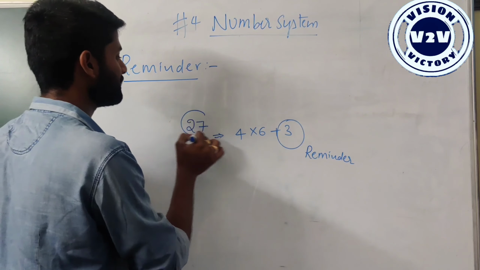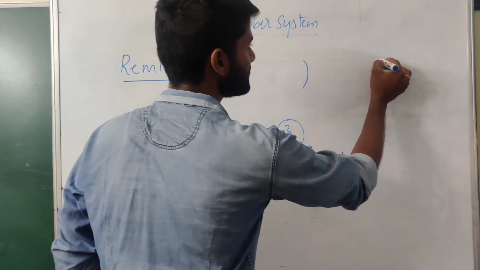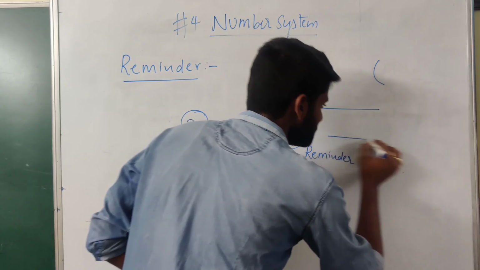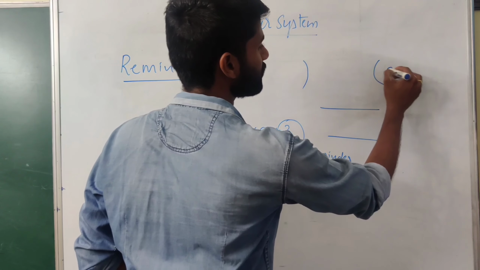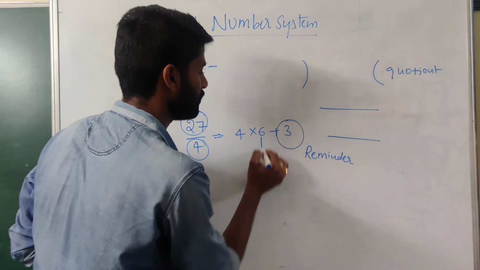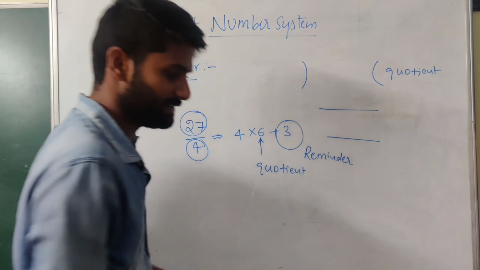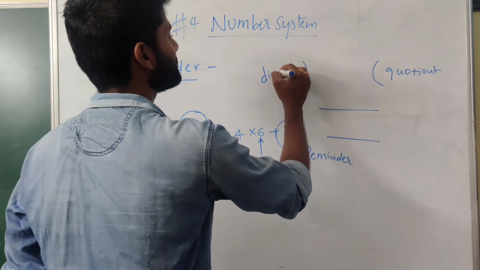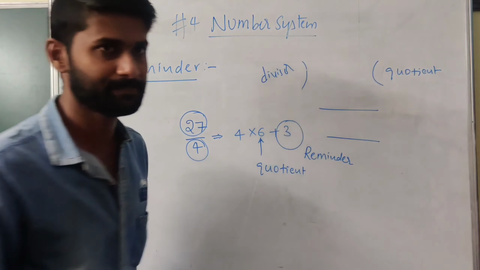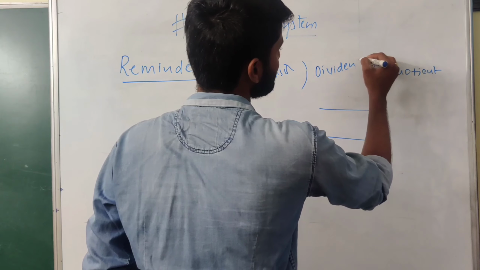Then, what is the numerator value and what is the denominator value? See, this is the entire bracket, for example. The number of times, 6, is called the quotient. This particular part is called the divisor, and the numerator section is called the dividend.